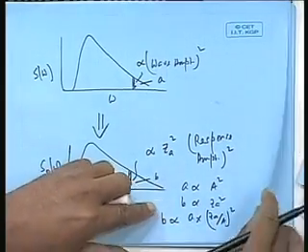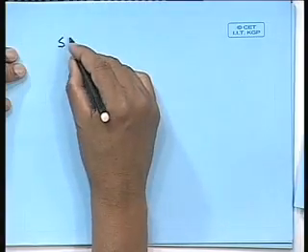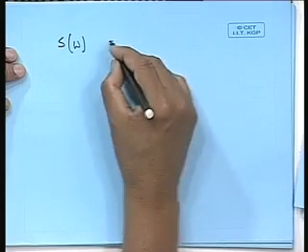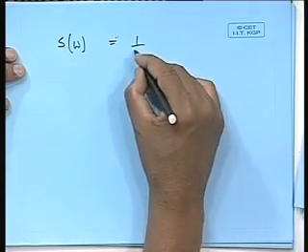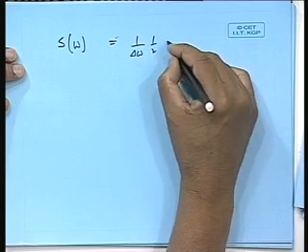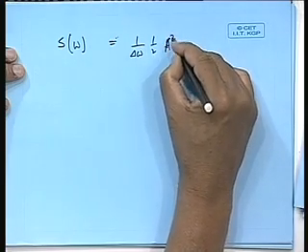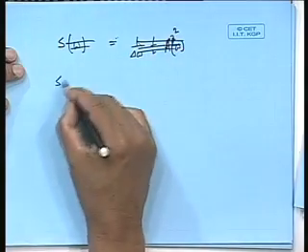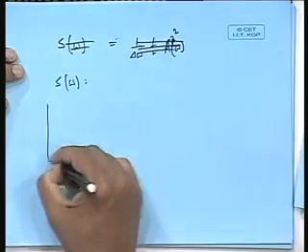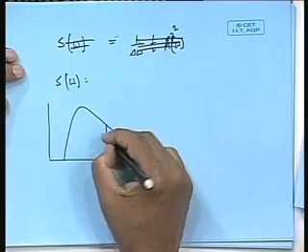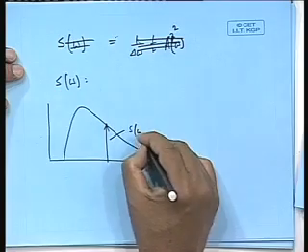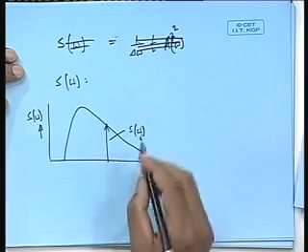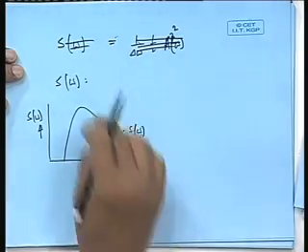So you see this theory again. Let me write it again. S omega, let's say at some omega I, what is the value I am trying to find out?